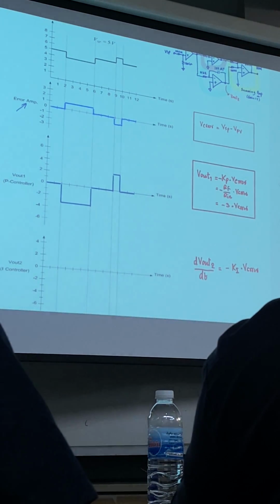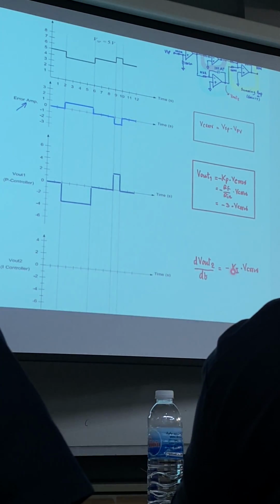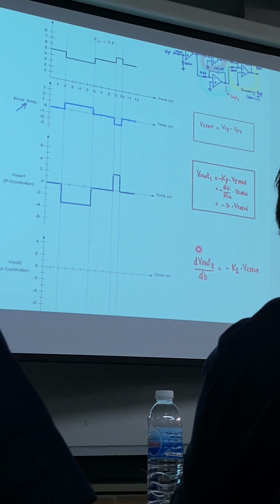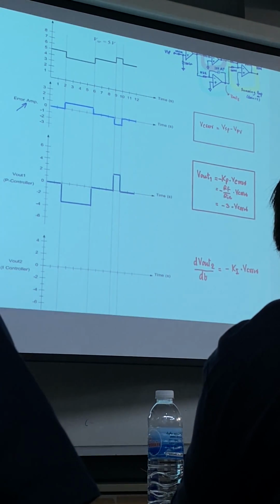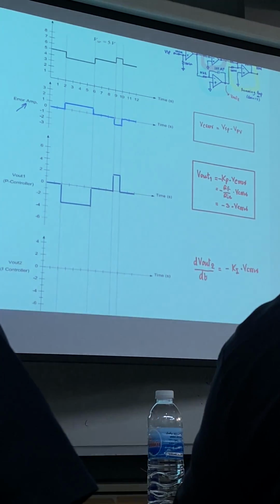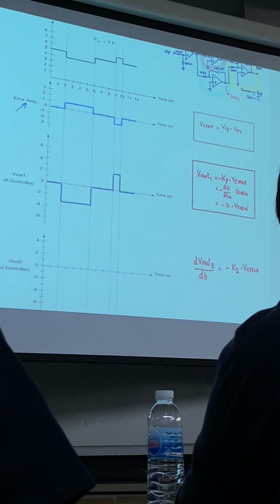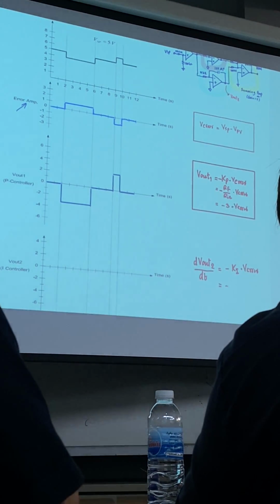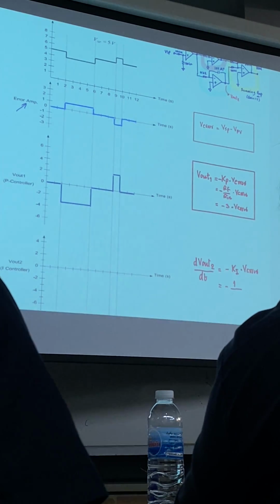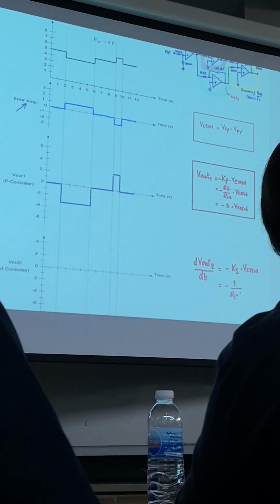So we use the Ki value to choose the rate of change at the output of the controller. Okay, we continue. Now the question is, what is Ki? Like we learned last time, Ki is equal to 1 over Ri multiplied with Ci.